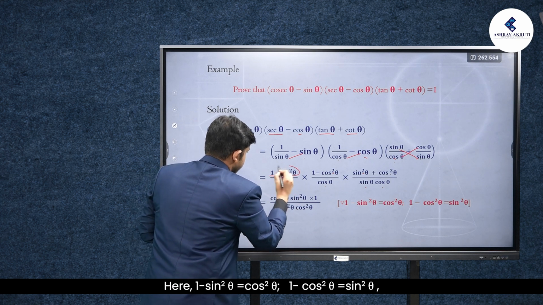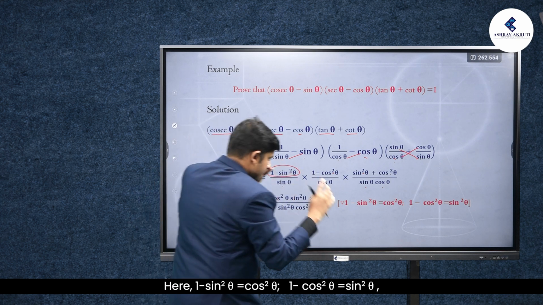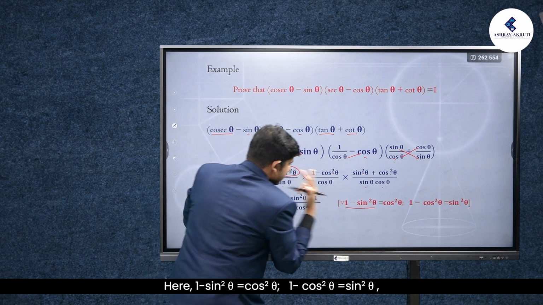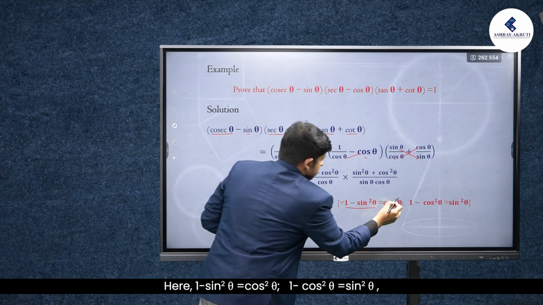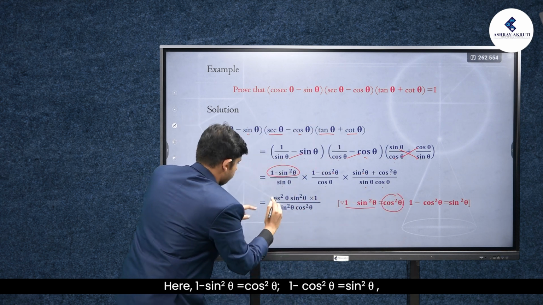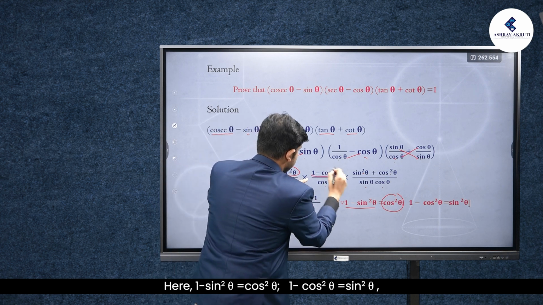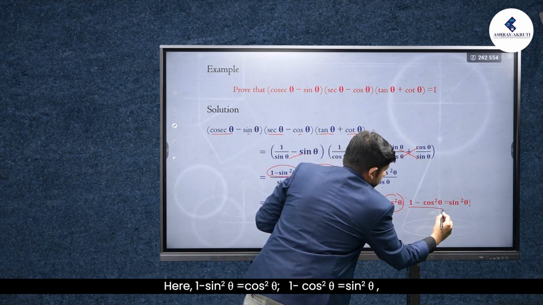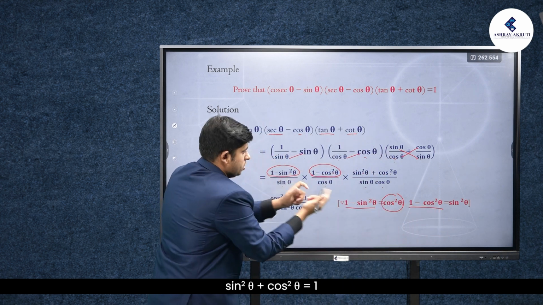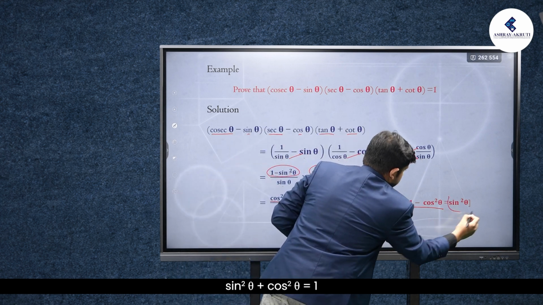Here 1 minus sin square theta is equal to cos square theta, 1 minus cos square theta is equal to sin square theta, and sin square theta plus cos square theta is equal to 1.